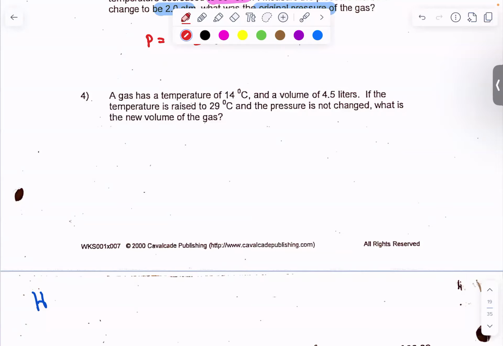Can I just make the equation V1 over T1 equals V2 over T2 since the pressures will cancel out because the pressure isn't changed? Give it a try. Yes, if pressure is the same, then you can take the equation without the pressure, right? Good.